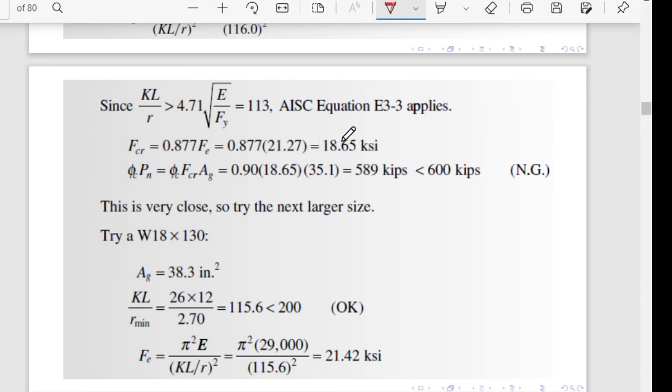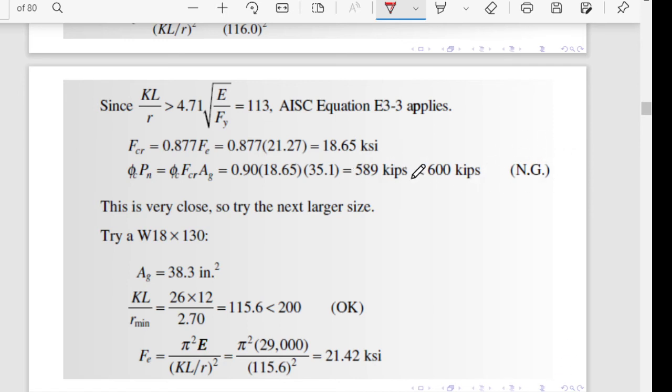Then substitute this value for the critical buckling stress to get the design strength for LRFD. Then check whether it is less than or greater than the factored load of 600 kilopounds. The answer is 589 kilopounds, which is closer, but still less than 600.